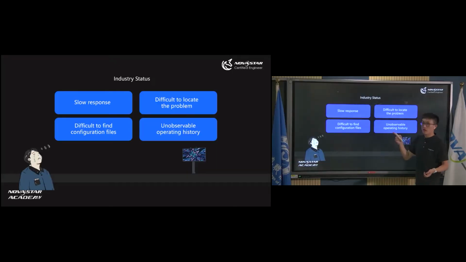Second, if you assign an engineer to go on site, they can't find the problem easily. Before this, having an experienced engineer go on site may solve the problem quickly.